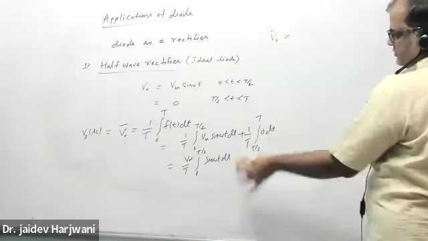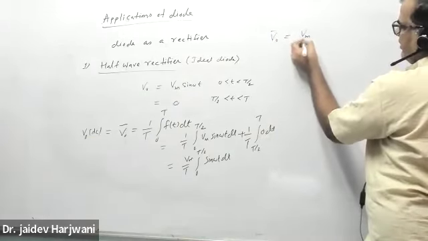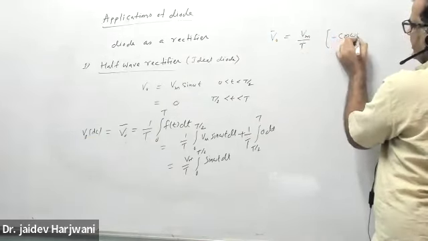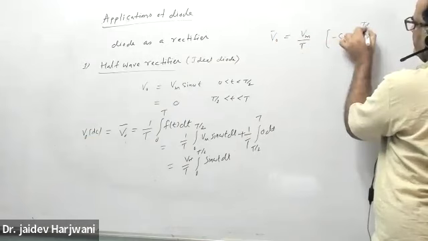V naught equals Vm upon T, sine omega t will give minus cos omega t upon omega, from 0 to T by 2.